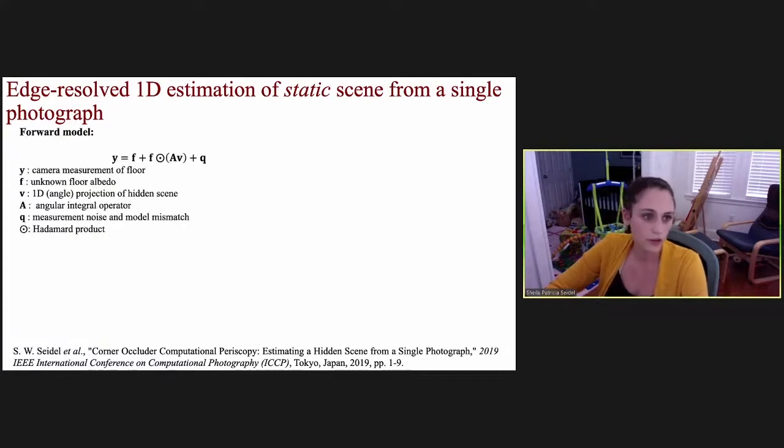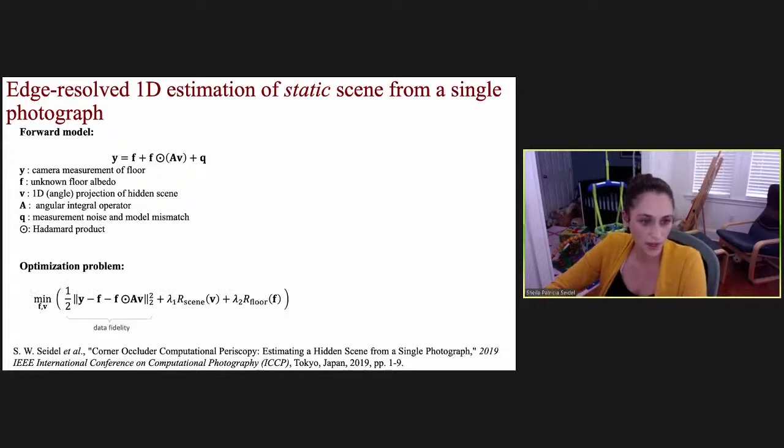In our forward model, we write our measurements in terms of F, a vector of unknown floor albedo, which we're going to estimate, and V, our 1D hidden scene as a function of azimuthal angle. Then we write our optimization problem with a data fidelity term, and in this work, we rely heavily on regularizers for the scene and the floor albedo.